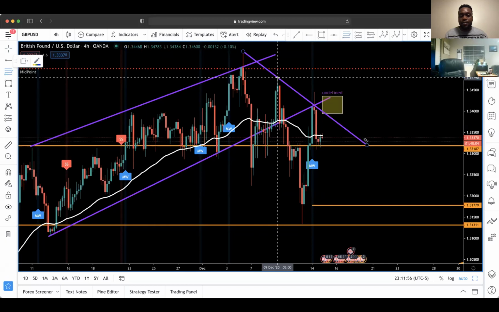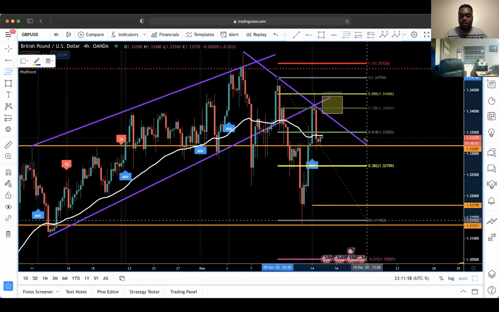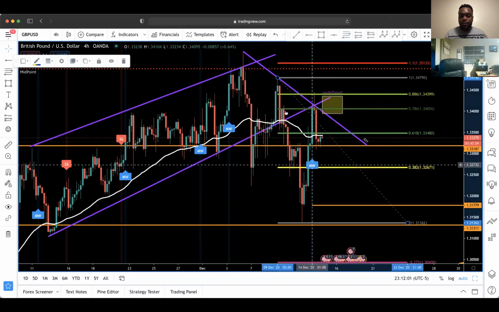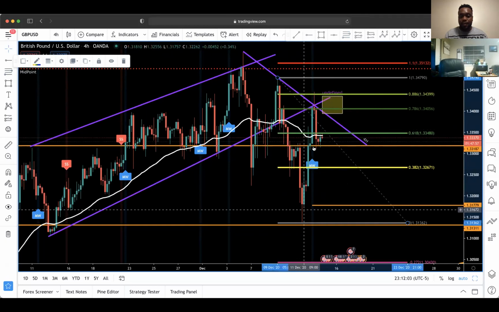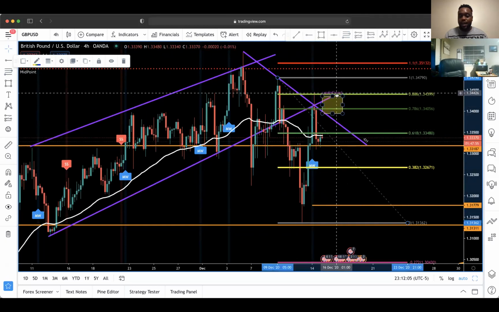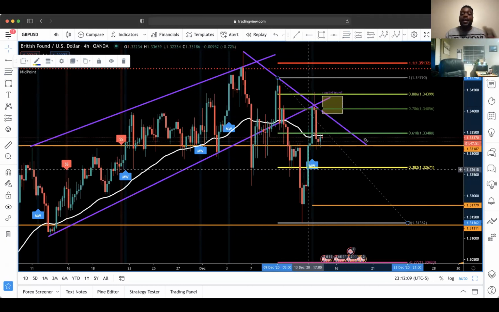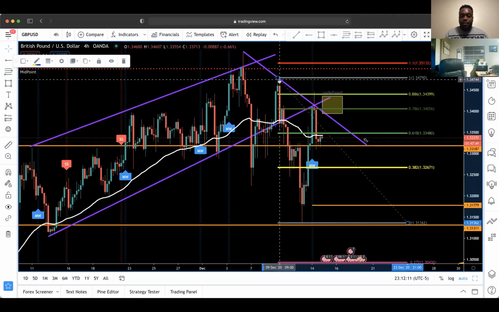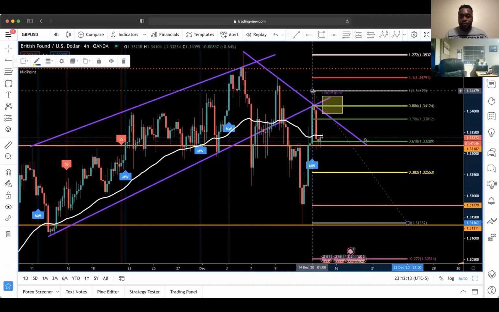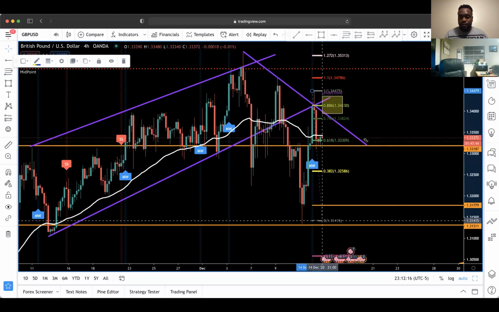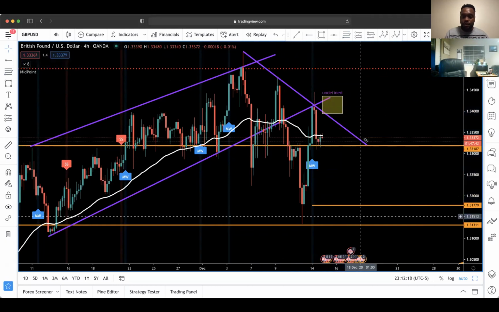All right. So let me show you guys this real quick. So you see this push. Now this retracement came in between 886 and 786. That's the retracement, or what I like to see. Okay. Now let me move it down to here. Oops, hold on.